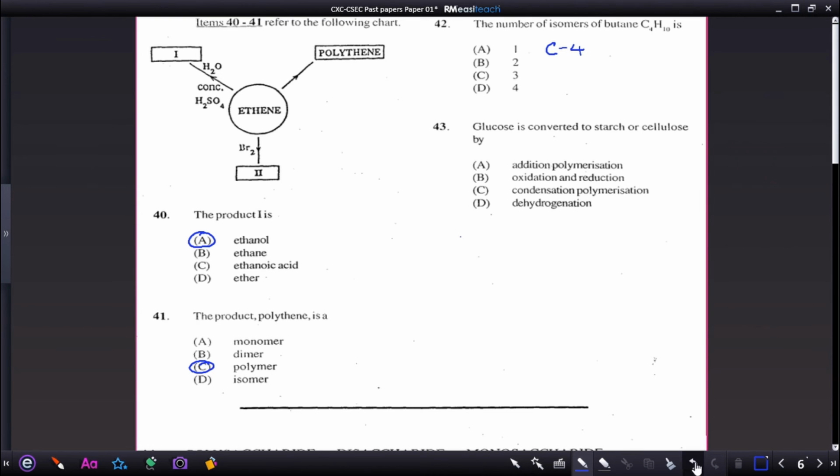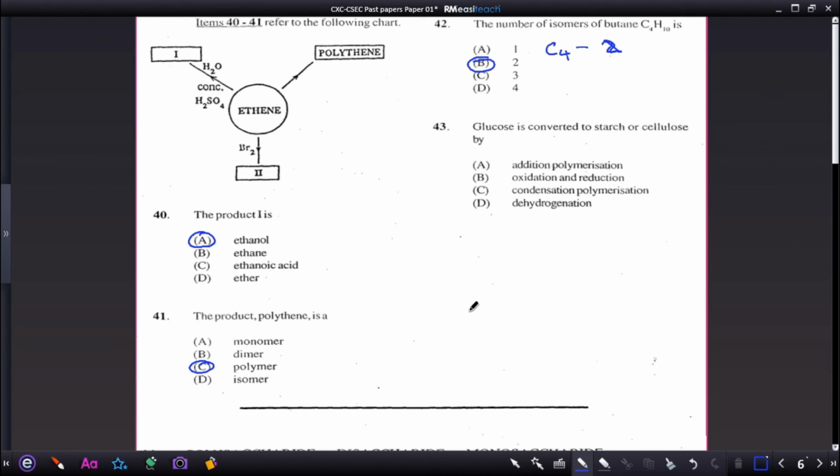So if it's carbon 4, that's where isomerism starts, carbon 4 upward, and it is 2 isomers that would exist when it starts at carbon 4. Carbon 5 would have 3, carbon 6 would have 4, carbon 7 would have 5, and so forth. So butane has 2 isomers.